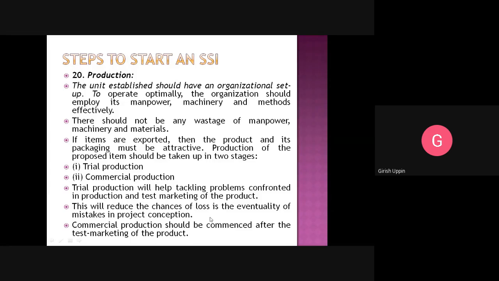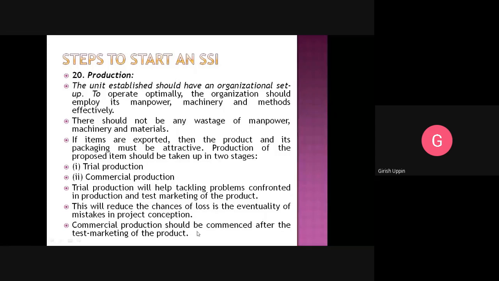If there are any mistakes or loopholes in the production process, the trial production will bring out all those things, and the potential future losses can be reduced when we have a successful trial production. Once we have a successful trial production, then the entrepreneur can go for the commercial production.